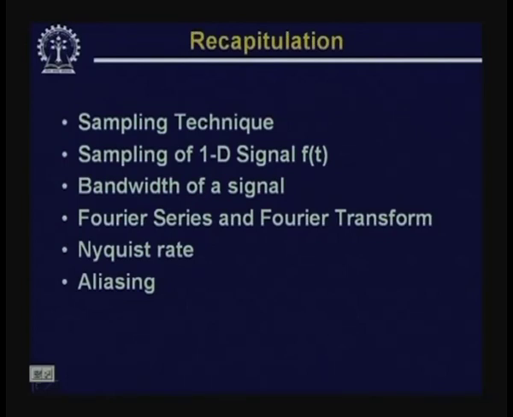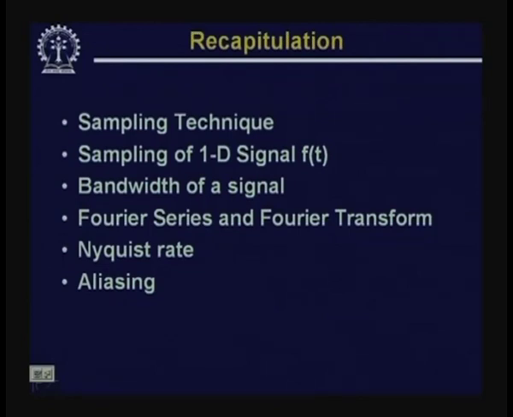Then we have talked about the sampling of this one dimensional signal, and we have said that the sampling frequency must be greater than twice the bandwidth of the signal to ensure proper reconstruction of the original signal from the sample values.